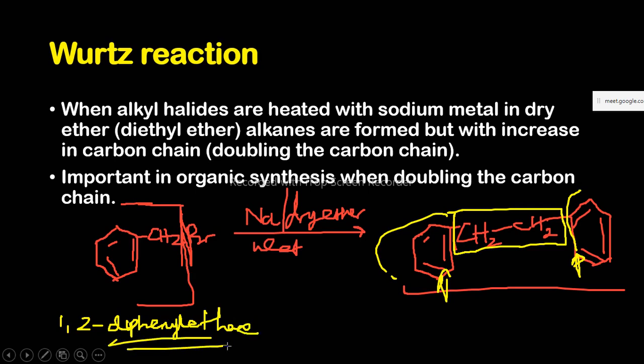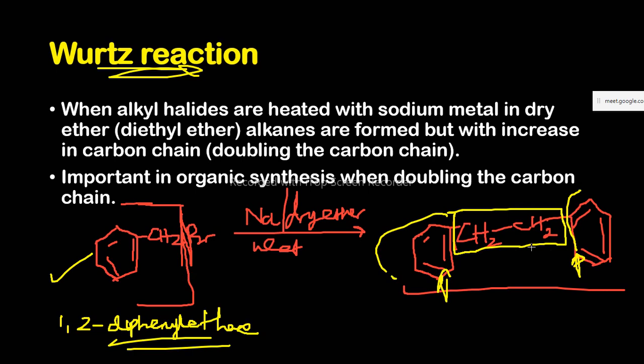So why am I giving you these reactions? In the case of any question, because they can twist questions. I can give you this when I just want you to recall this reaction, the Wurtz reaction. It is called Wurtz reaction because it is this guy who discovered it. So I can give you this when I want you to use the Wurtz reaction to get the product, and the product is going to be that one.